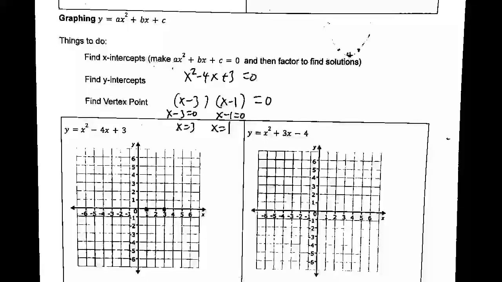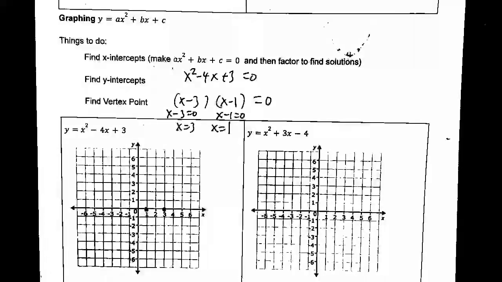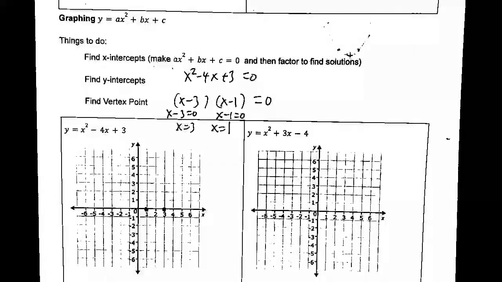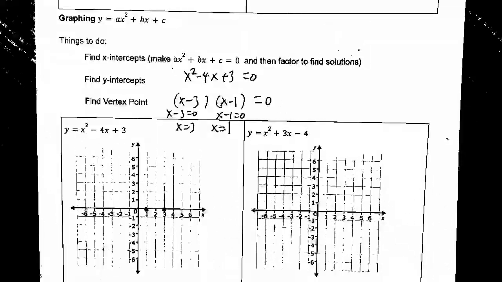How do you get the y-intercept, guys? What do you plug in to get the y-intercept? To get the y-intercept anytime, you just plug in a 0, because it's when x is 0 that you have the y-intercept.